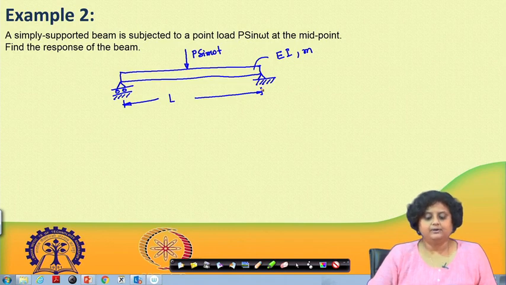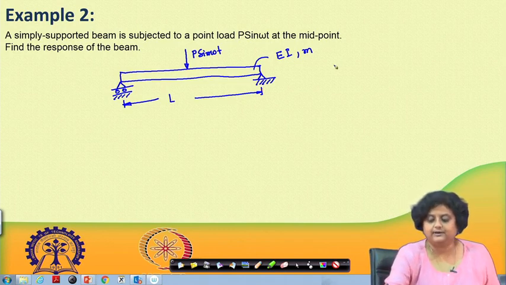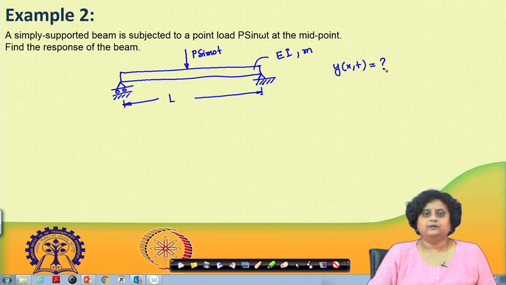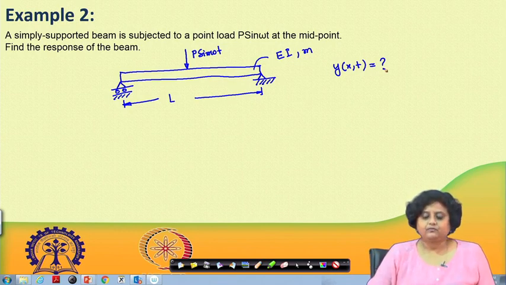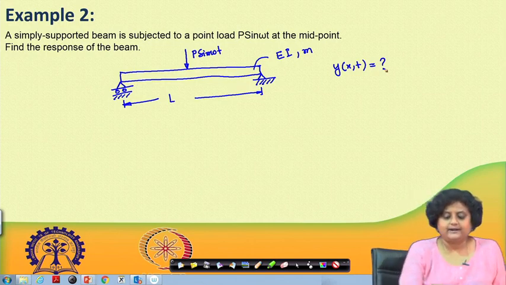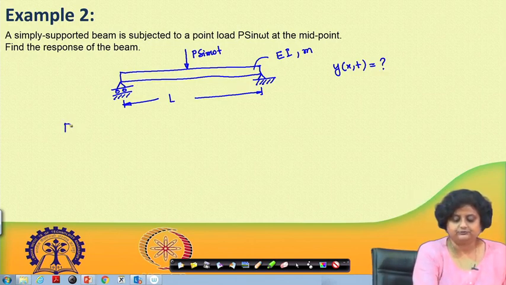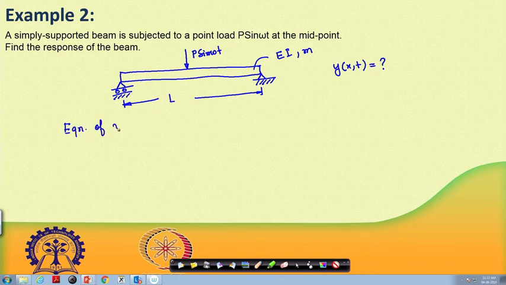Now, the problem is that we need to find out the response y x t because of this load applied to the beam. So, let us see how we are going to find out the response of the system. Let me write down the equation of motion first.